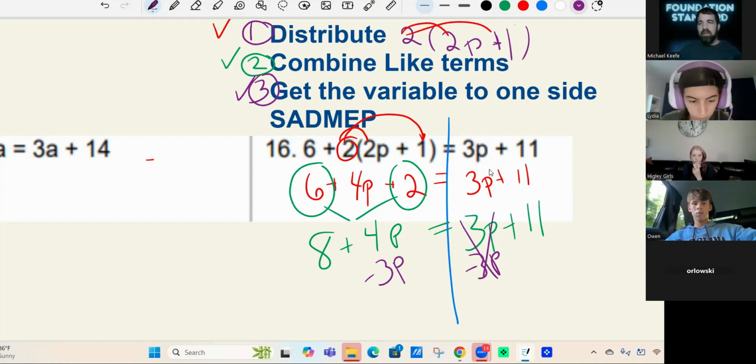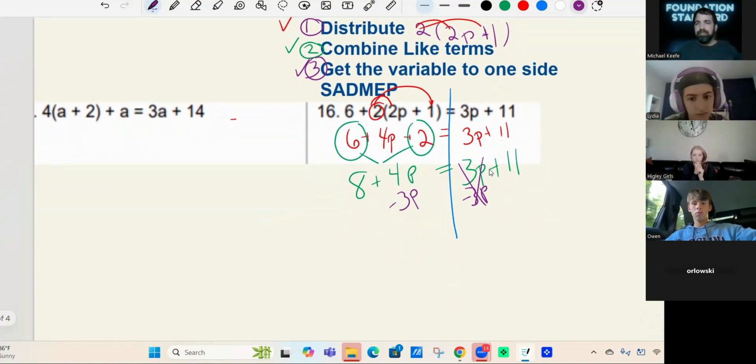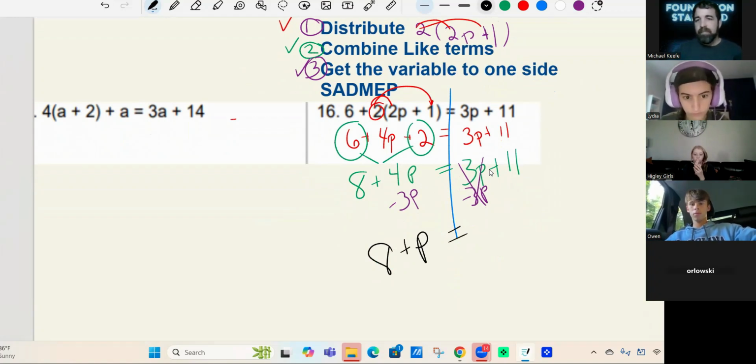And I'm trying to get this variable all by itself. So since it was split apart, I had to subtract it from one side to move it to the other. And once you have subtracted it from both sides, it's now canceled on the right. And my left side of the equation here is just bring down the 8. And I've got 4p minus 3p is just p because there's only one p left over. And then on the right-hand side, we've gotten rid of everything except for the number 11.